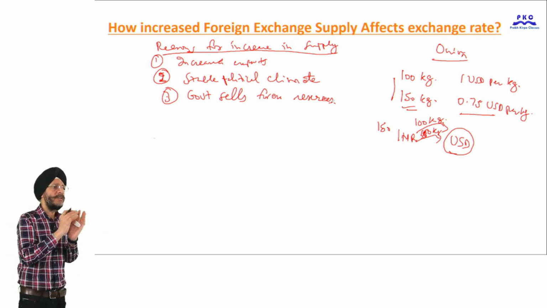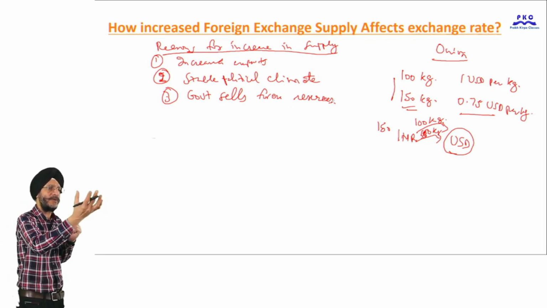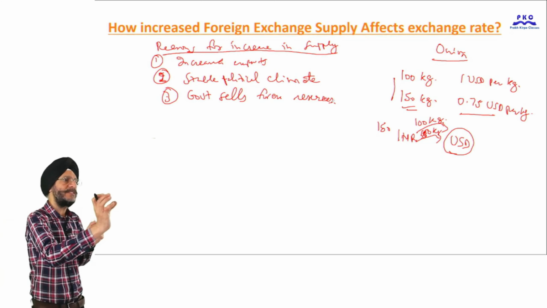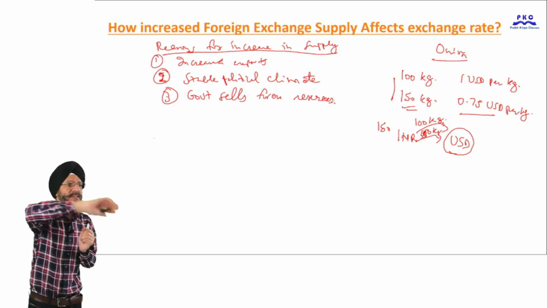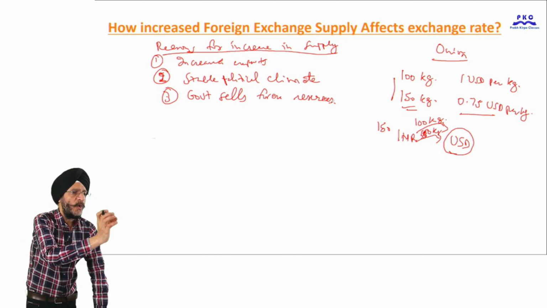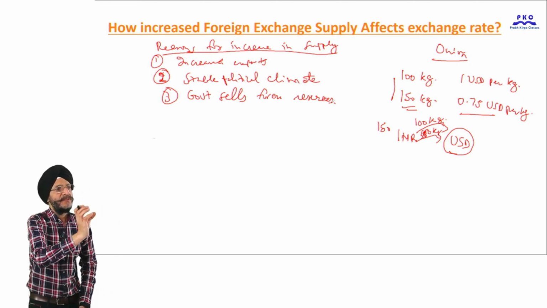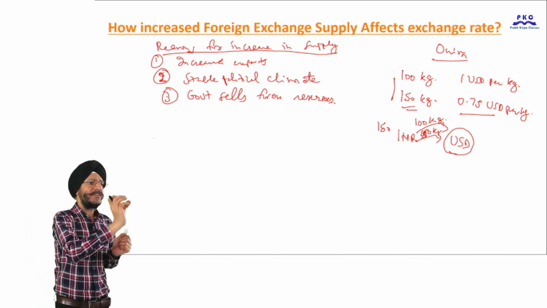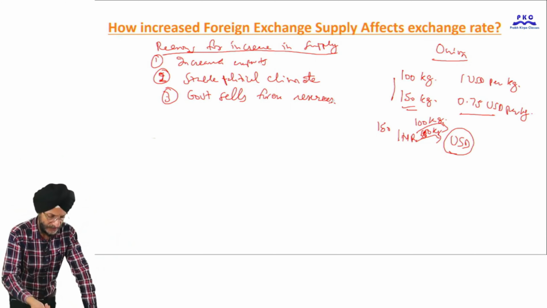So now we will understand the impact of increase in foreign exchange supply. If the supply of foreign exchange increases, what effect does it have on exchange rate? Exchange rate means the value of a currency in relation to another currency. That is, how much foreign currency we can buy with 1 unit of domestic currency, or how much domestic currency we will have to pay to purchase 1 unit of other currency.